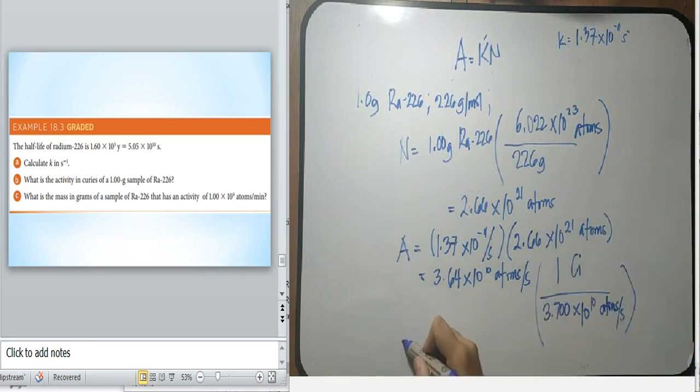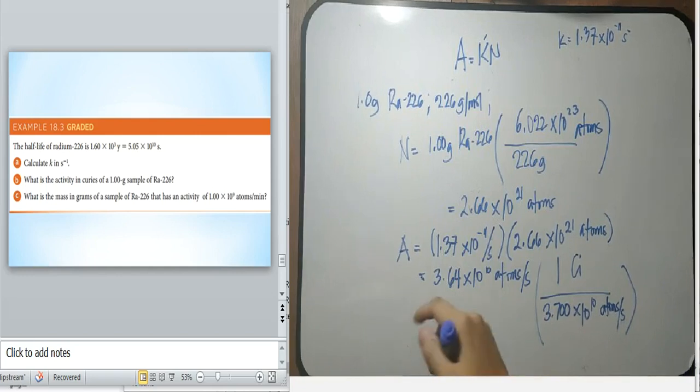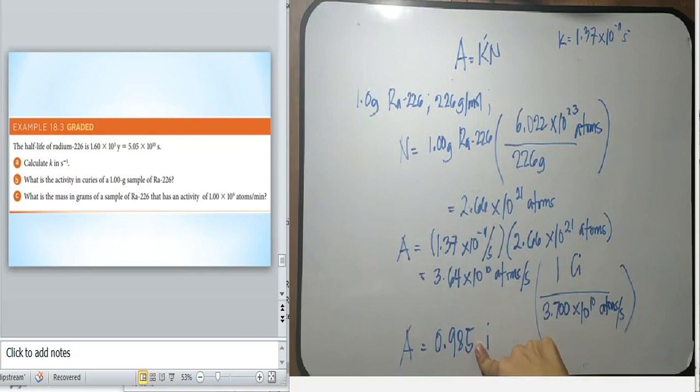So, in Curies, we have a final answer of how many? 0.95985 Curies. So this is the final answer.